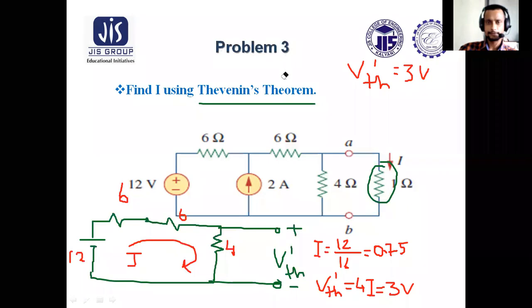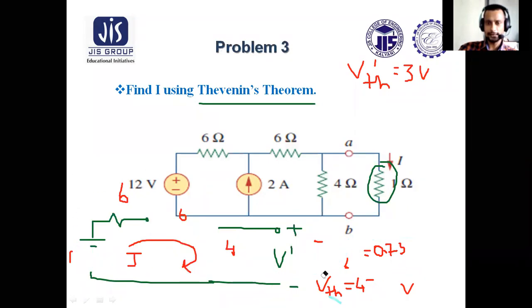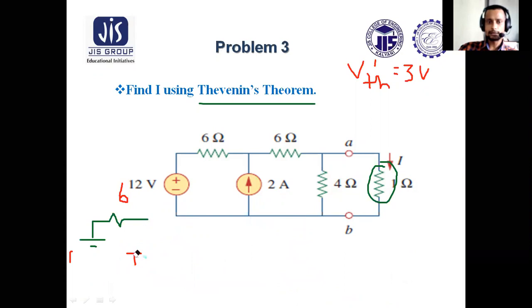Similarly, as per Thevenin's theorem, our first target is to find VTH. So we have found VTH for this 12 volt source alone. Now we'll find VTH for the 2 ampere source.